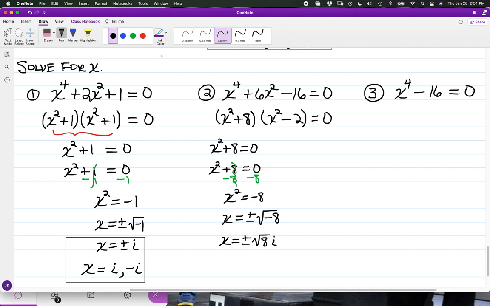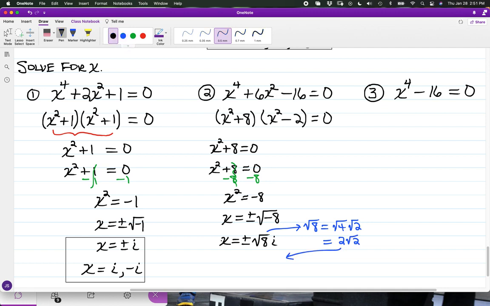And the square root of 8 is not a perfect square value, but it can be reduced. So again, we have the square root of 8, which is equal to the square root of 4 times the square root of 2. And so the square root of 8 will be reduced to 2 times the square root of 2.